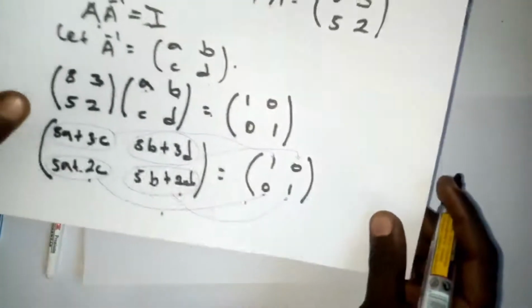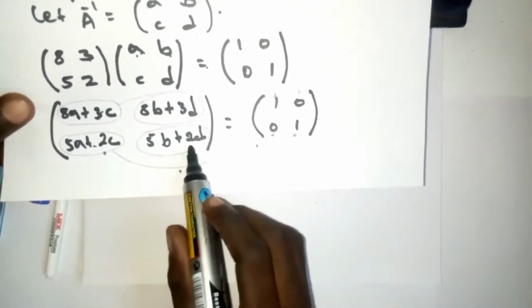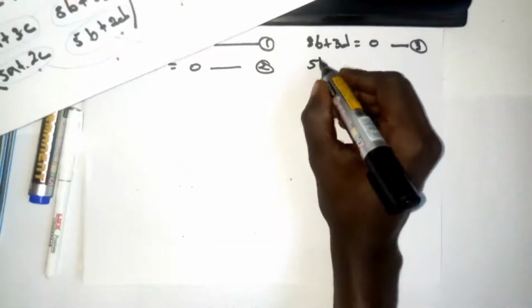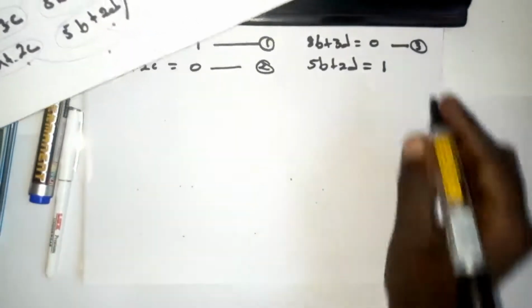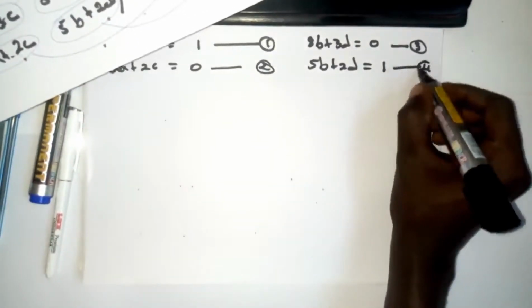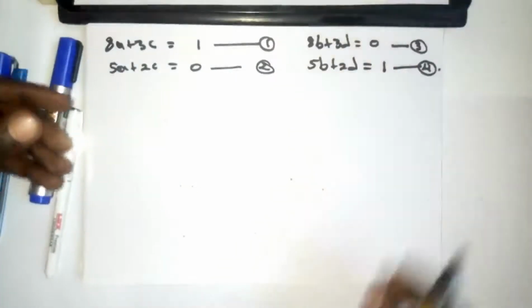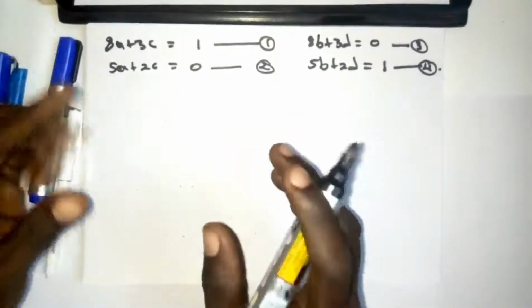Then I go to the next one, which is 5b plus 2d equal to 1. Hope that is clear. I call that one equation 4. As simple as that.